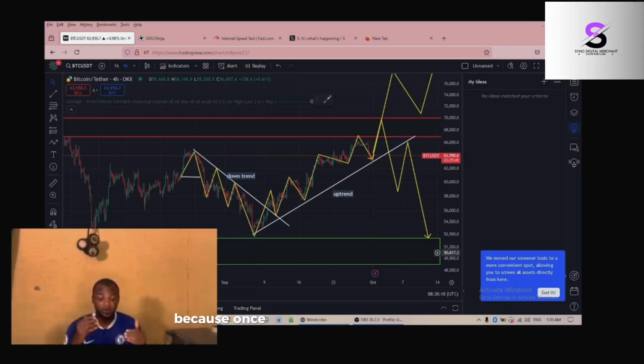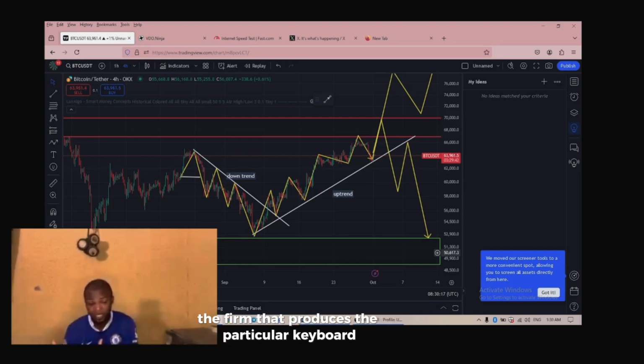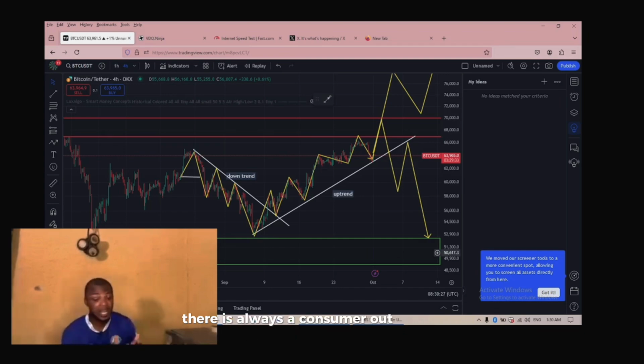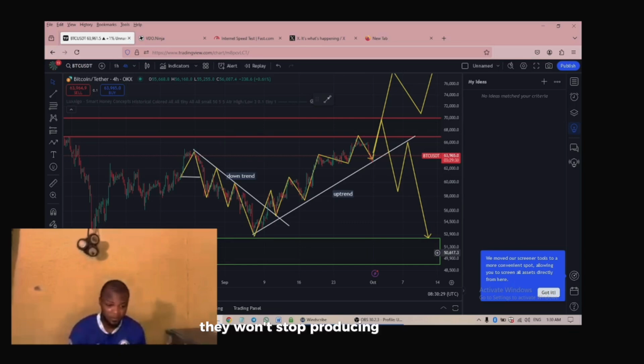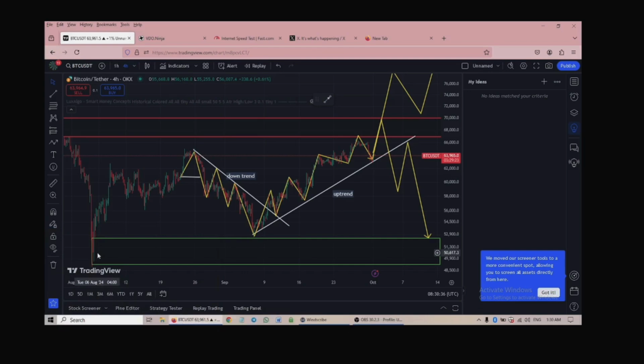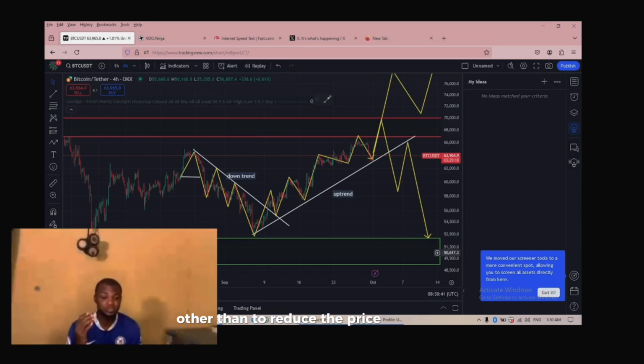Because once they keep on, the company or the firm that produces that particular keyboard won't stop producing, because they know that no matter how much they produce, there is always a consumer out there. And if their production is now more than the people that are buying, they will not have any choice other than to reduce the price of their product.